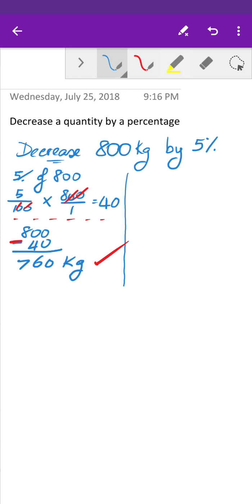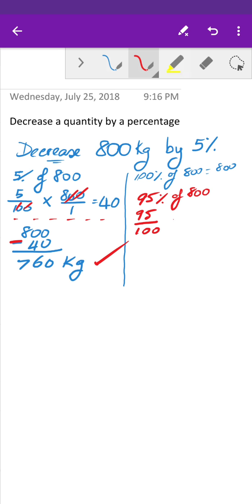Now what I like doing is saying, well, 100% of 800 is 800. But when you decrease it by 5%, you've lost 5%, and now you've only got 95% left. And 95% is 95 over 100 times 800.